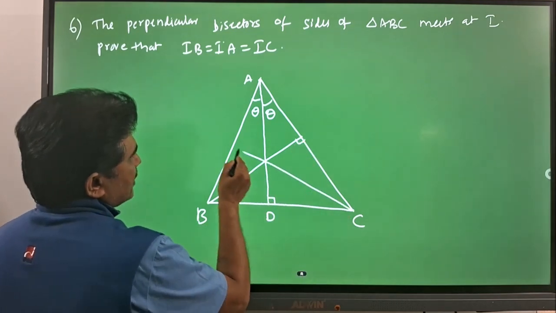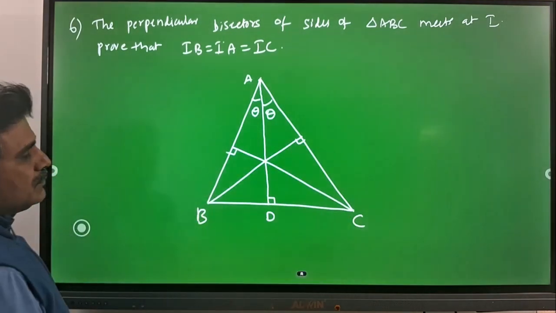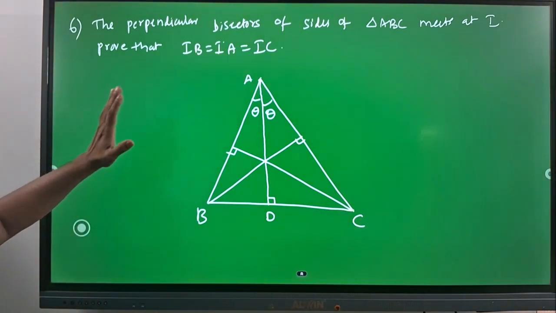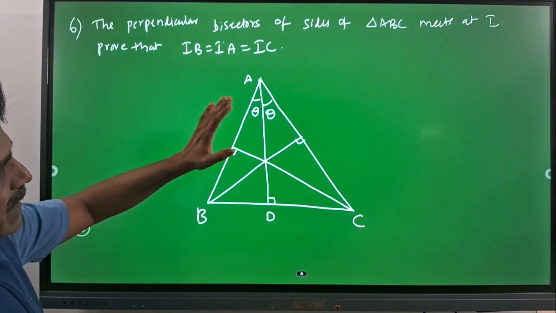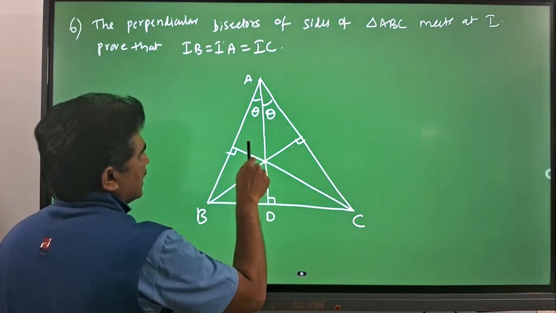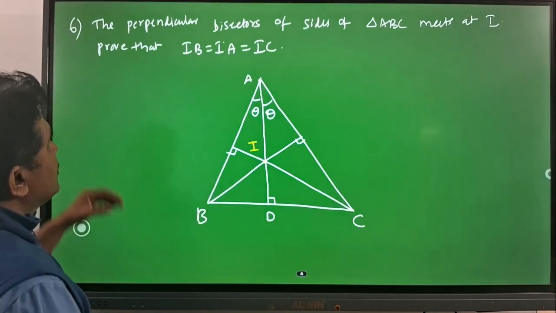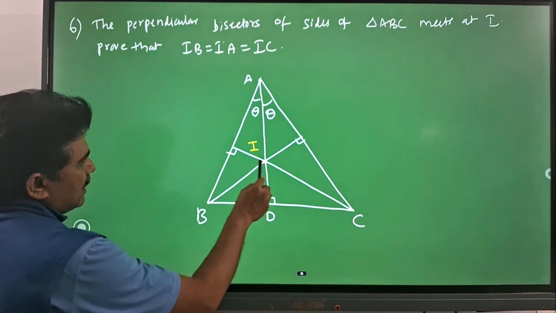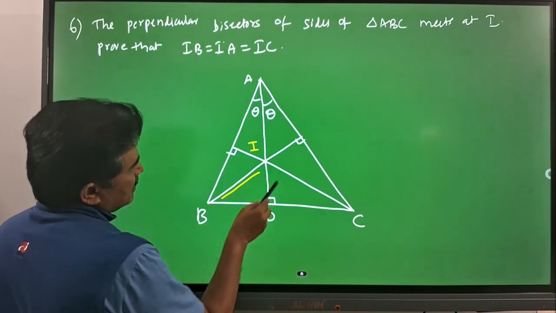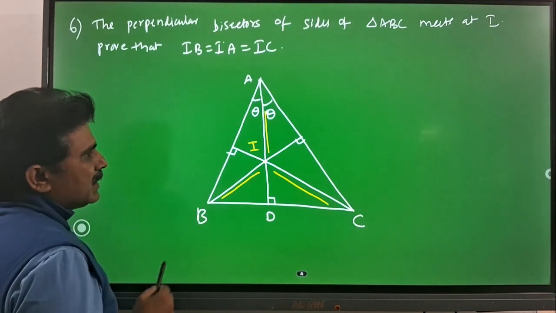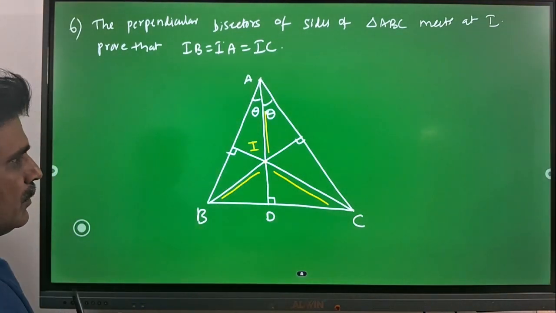That's what they specified in the problem: the perpendicular bisectors of the sides of triangle ABC meet at I. So the meeting point is I here. We need to prove that IB is equal to IA is equal to IC. That means IB this one, IC this one, and IA is this one. All three are equal. That's what we need to prove.